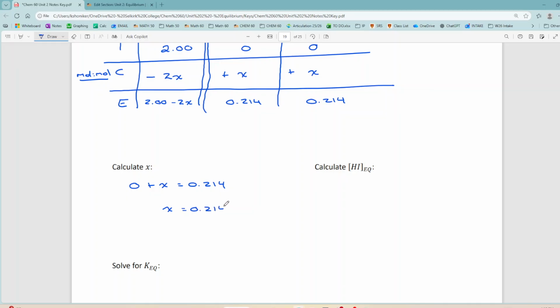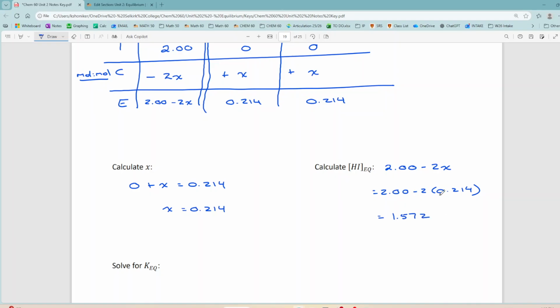There wasn't even any math I had to do. But to calculate the concentration of HI at equilibrium, you would do the 2.00 minus the 2x values. We said that x is 0.214. So then the concentration of HI at equilibrium is 2 minus 2 times 0.214, which is 1.572.